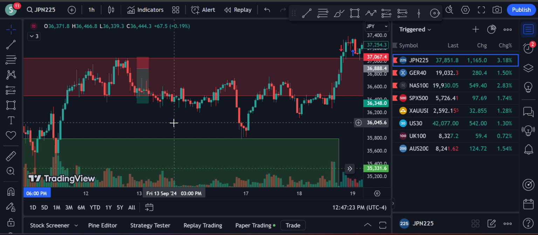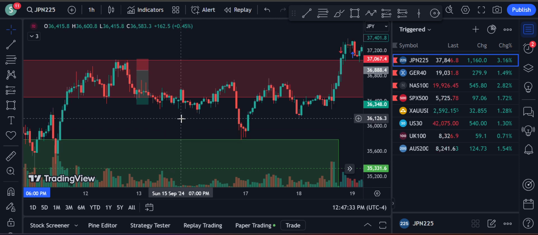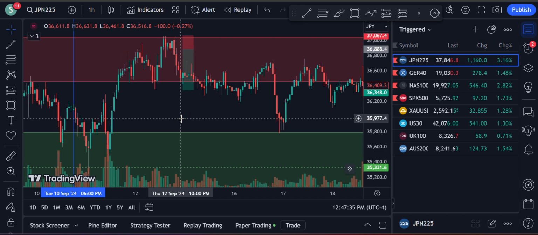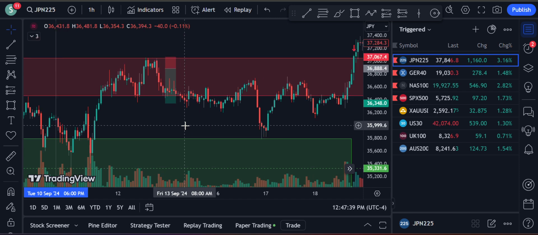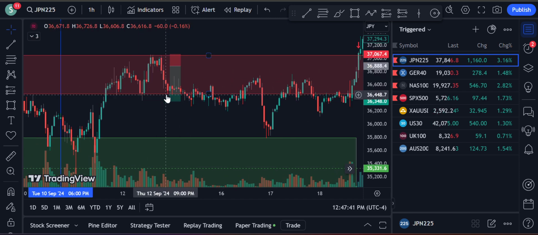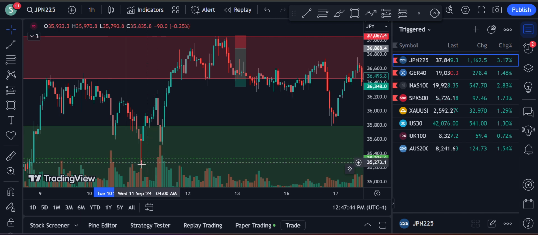If I come across three trade setups, then I'll look for the best one and put my order there, and I'll look for the second best one to put my alert there. So that's how I'll do. I'll never put two orders at a time.